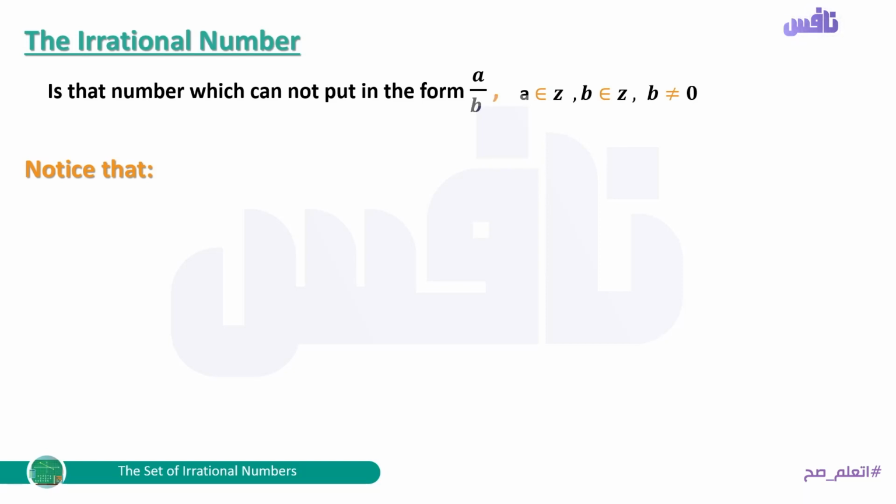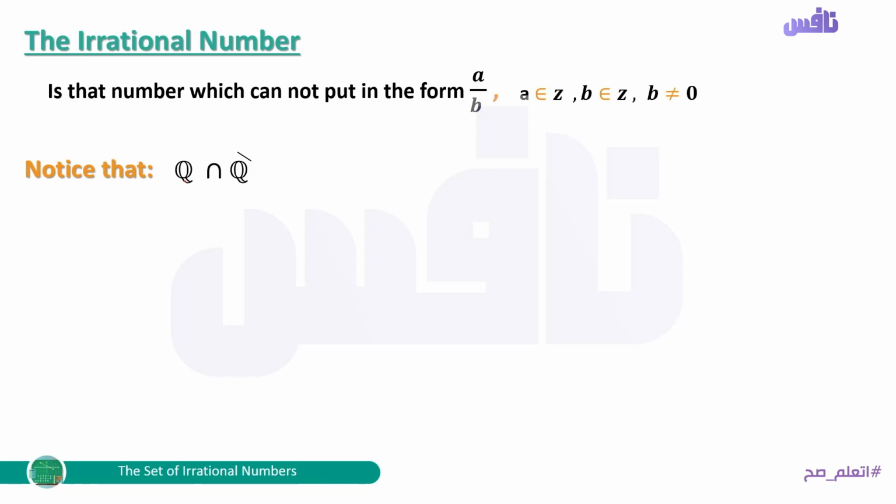We have a very important note, which is if I wanted to ask you, is there a number that can be rational and irrational at the same time؟ نفكر كده، هل ممكن يبقى في نمبر اقدر اقول عليه rational and irrational in the same time؟ طبعا لا، لان النمبر بقول عليه rational او Q if it can be written in the form of A over B, where A belongs to Z, B belongs to Z, B not equal 0. والنمبر بقول عليه Q dash زي ما احنا لسه قايلين if it cannot be put in the form of A over B. So there is no number that can be rational and irrational at the same time.